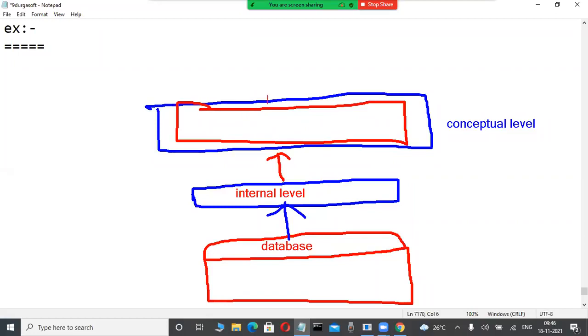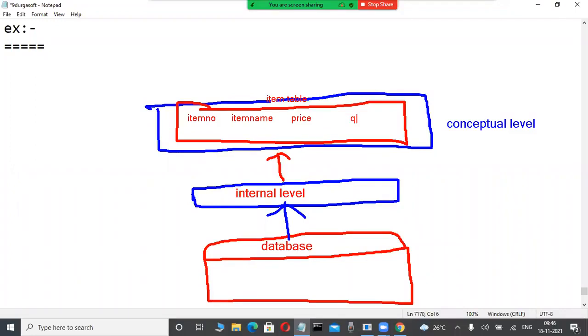This is an item master table, otherwise item table, items only, easily understandable for an outside person. In this item table, some columns are there. They define it with a create table statement in the conceptual level, but diagrammatically I'm telling you: item number is a column, item name is a column, price is a column, and quantity is a column.